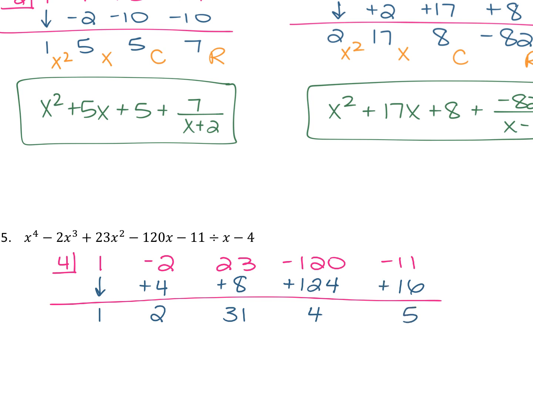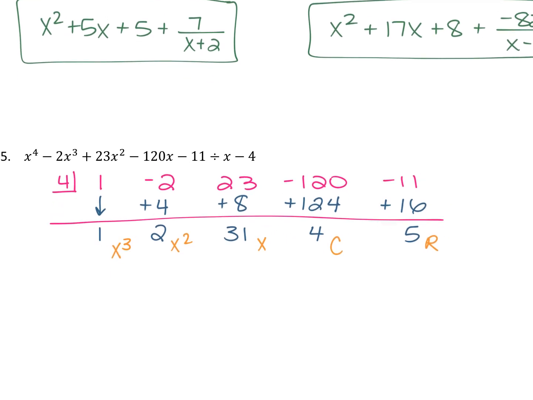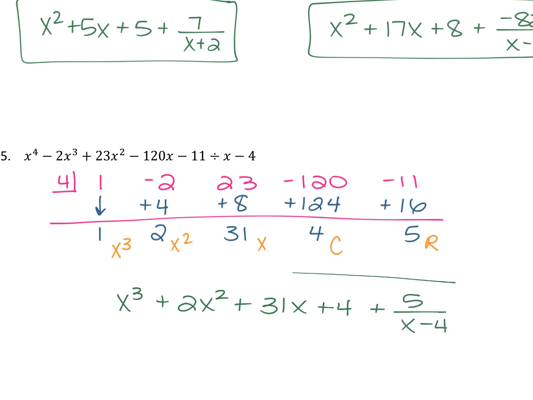Minus 11 gives us 5. Your 5 is your remainder. 4 is your constant. 31 gets x. 2 gets x squared. 1 gets x cubed. So that's going to give us x cubed plus 2x squared plus 31x plus 4 plus 5 over x minus 4.